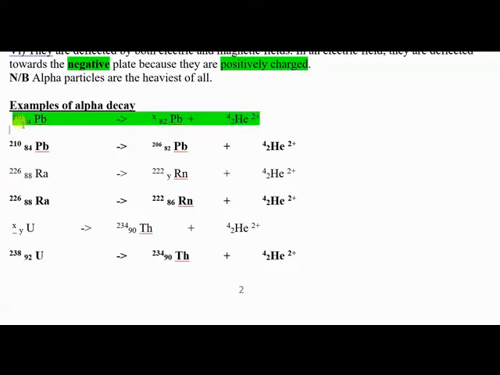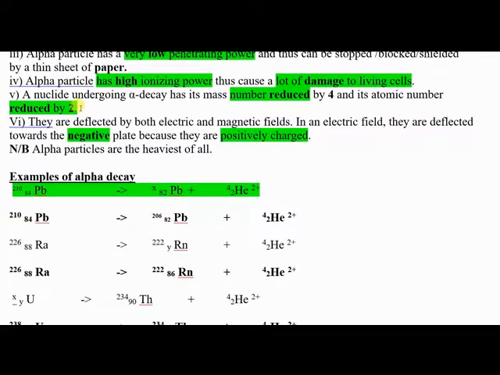So as you can see, for this nuclide the atomic number is 84 and the mass number is 210. After undergoing alpha decay, the mass number is X and the atomic number is 82. So what has happened? Because it is alpha, a nuclide undergoing alpha decay has its mass number reduced by 4 and atomic number reduced by 2.